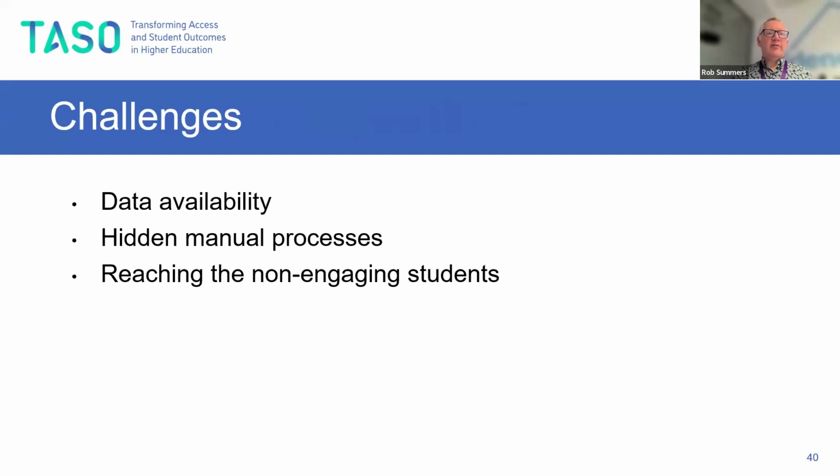There are a few challenges whilst running through this trial, and we'll come on to these in the panel discussion. One was data availability, and I've just talked about that in terms of not knowing the tracking data for the students about whether or not they use support services. But there are also hidden manual processes that proved challenging, in that the learner analytics systems are not set up to provide different interventions to different students.